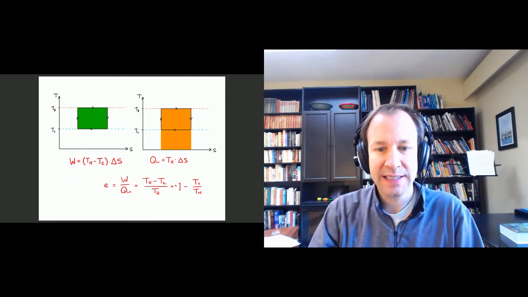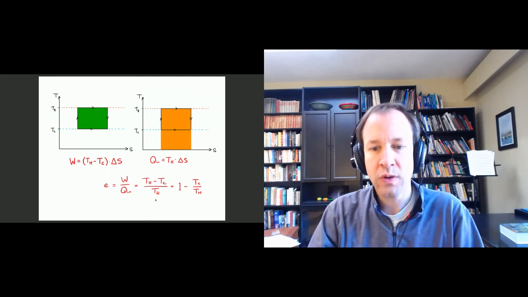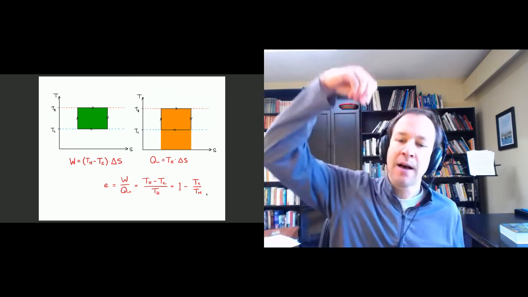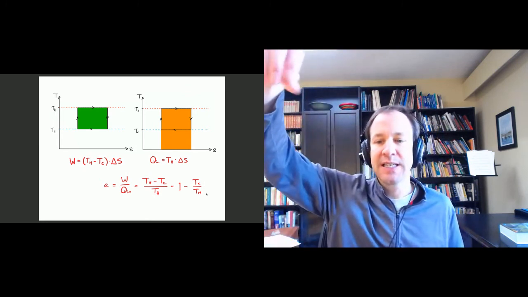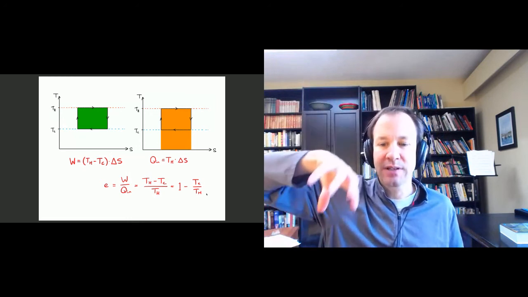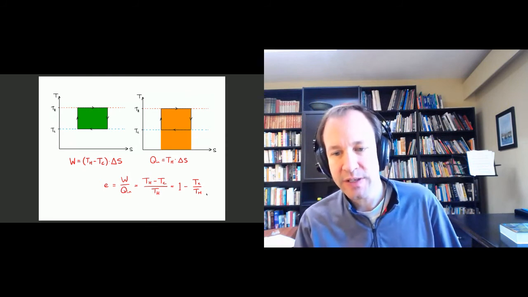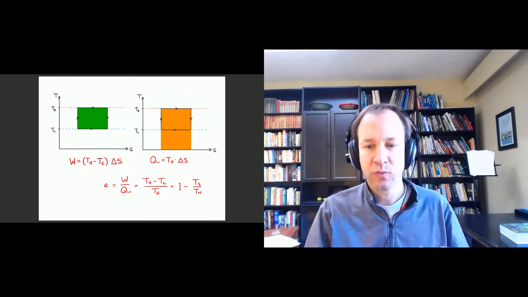And so that's TH minus TC divided by TH, or equivalently 1 minus TC over TH. And so you see with a minimum operating temperature TC and a maximum operating temperature TH, the maximum possible efficiency that you're ever going to get is 1 minus that ratio.